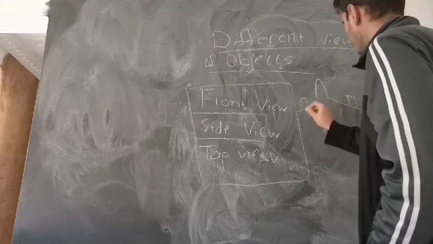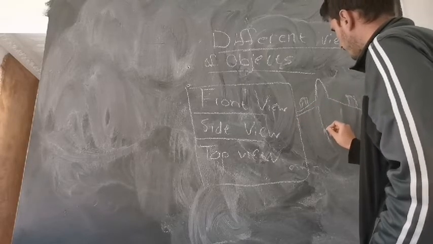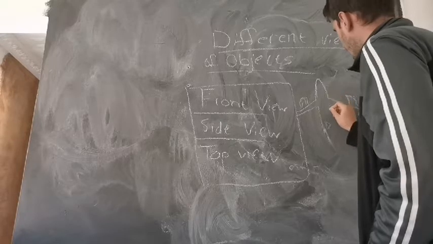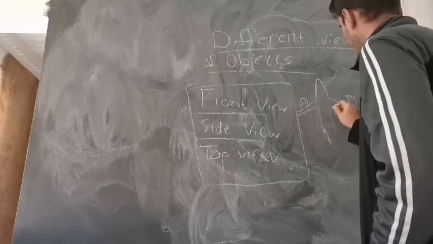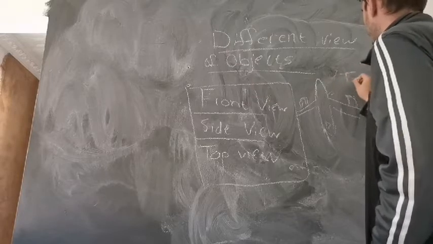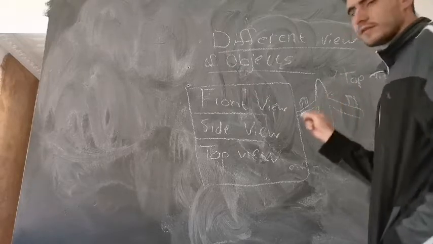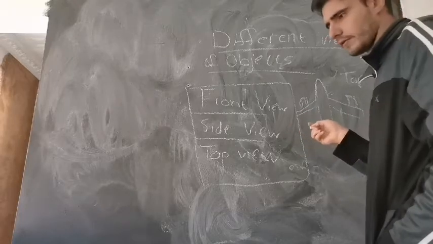It's not going to look perfect, but I'm trying. Okay, and here's our plane. Now this is our top view of our plane. Okay, so that, for instance, is the top view.